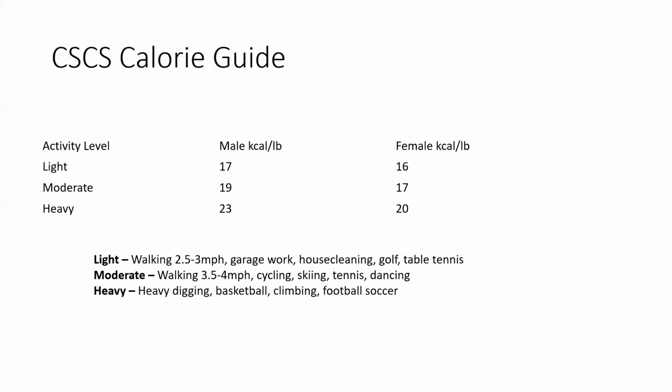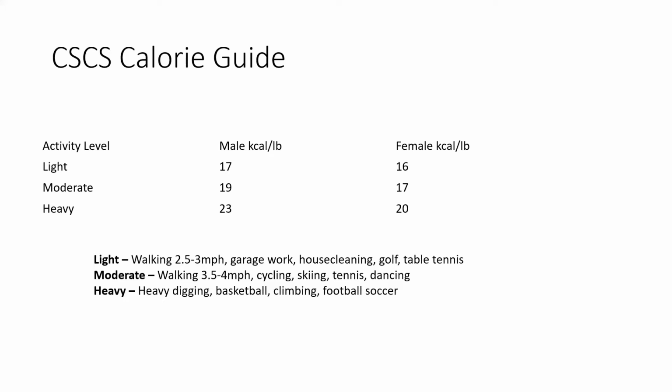Okay. When it comes to guidelines, I'm going to go through some of the basic guidelines from the NSCA. If you are performing light activity, you should be consuming 16 to 17 calories per pound. Okay, that's capital C Calories; kilocalories and capital C Calories are the same, per pound of body weight. Up to heavy activity, so think aerobic sports or high volume training, about 23 calories per pound.